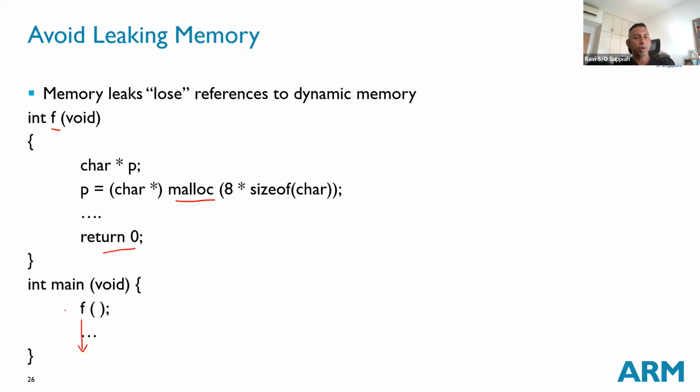Whenever you call f, you jump into the f function, allocate some memory, and then return. Now with this kind of system, what will happen? When you run it today it runs nicely, and tomorrow it runs nicely. Then every few days, the whole system will crash, and you can't figure out what happened.